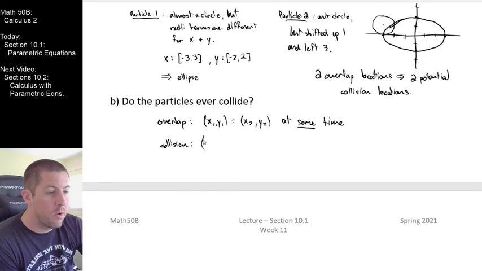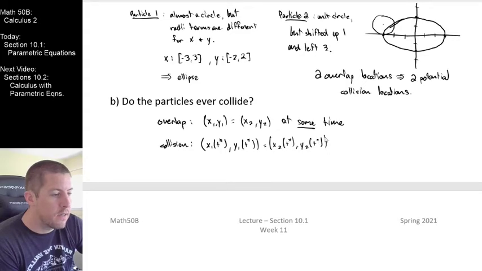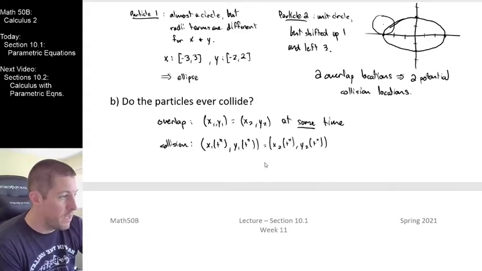Here, instead, we're going to need to know that x1 at, and I'm going to give a special time here, t star, y1 at t star equals x2 at t star, y2 at t star. Same location at the same time.